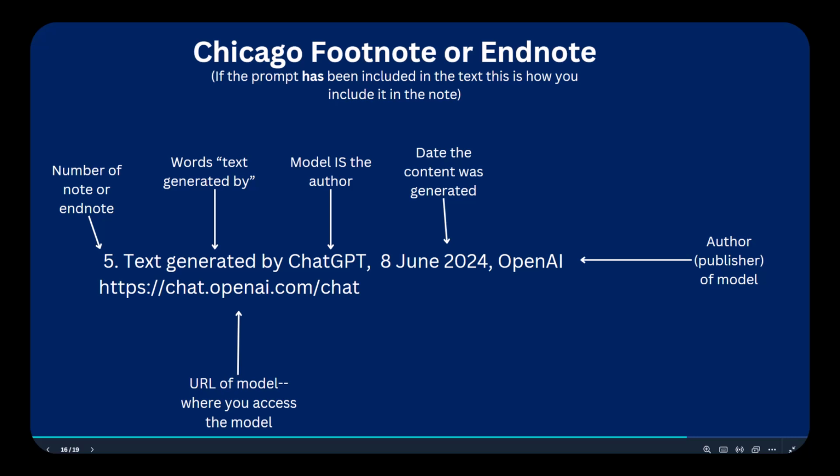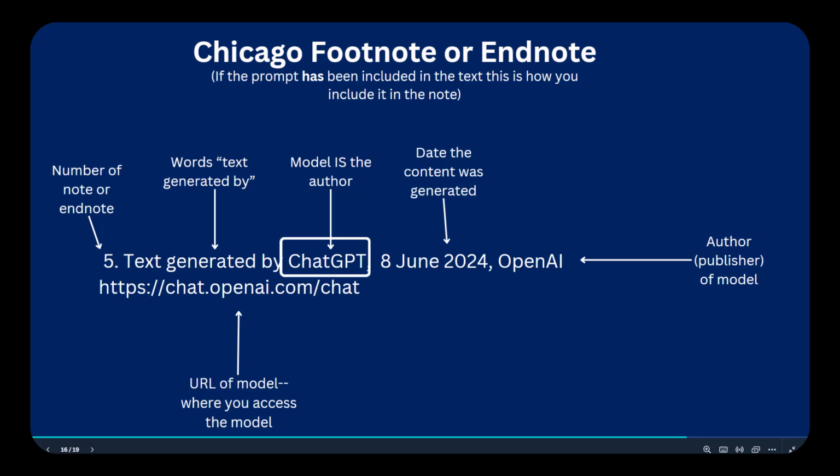For the Chicago style, there are 2 ways to create a footnote or endnote, depending on if you included the prompt in the text of your paper. If you included the prompt in the text of your paper, then you create the footnote or endnote by first including the footnote or endnote number. Next, you put in the words text generated by, and then the author, which is the model of generative AI that was used.